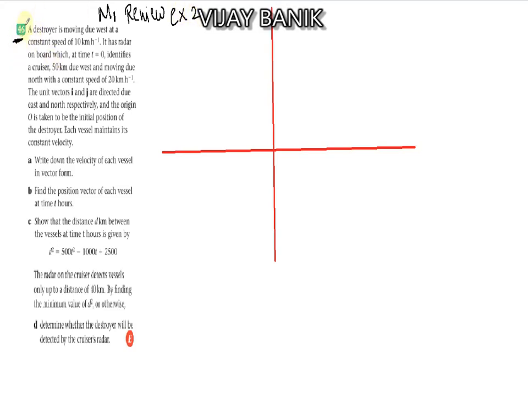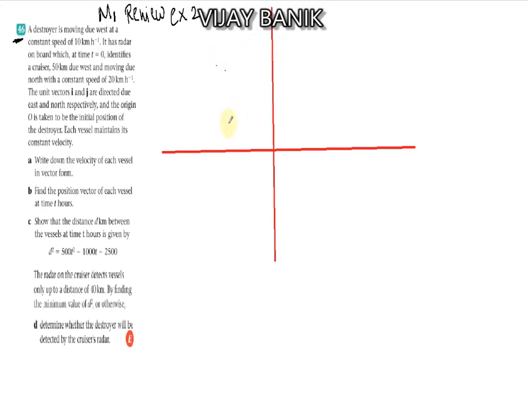Question number 46. So they said a destroyer is moving due west at a constant speed of 10 km per hour. So it has a radar. A destroyer is moving due west at a constant speed of 10 km per hour, and it has a radar on board.